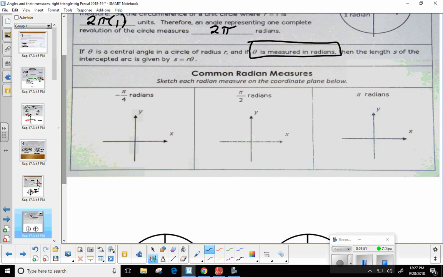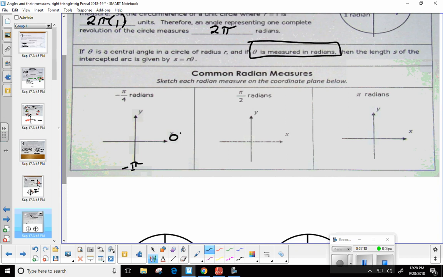Negative pi over 4 radians. Let me set this up. Remember, we start at 0. One full revolution is 2 pi, right? But here's the thing. What does the negative tell me? How am I going to rotate? I'm going to rotate clockwise. You remember how we said pi over 2, pi, 3 pi over 2? We're just going to reverse that like we did with the negative degrees.